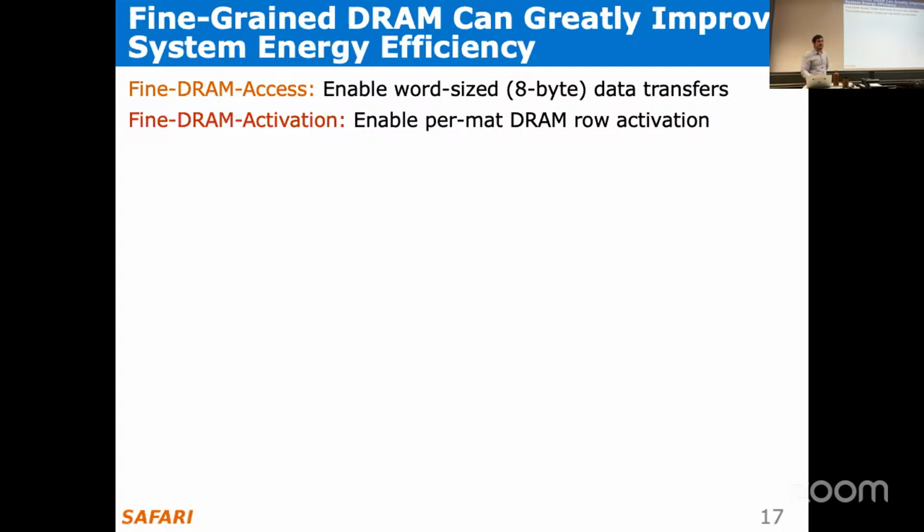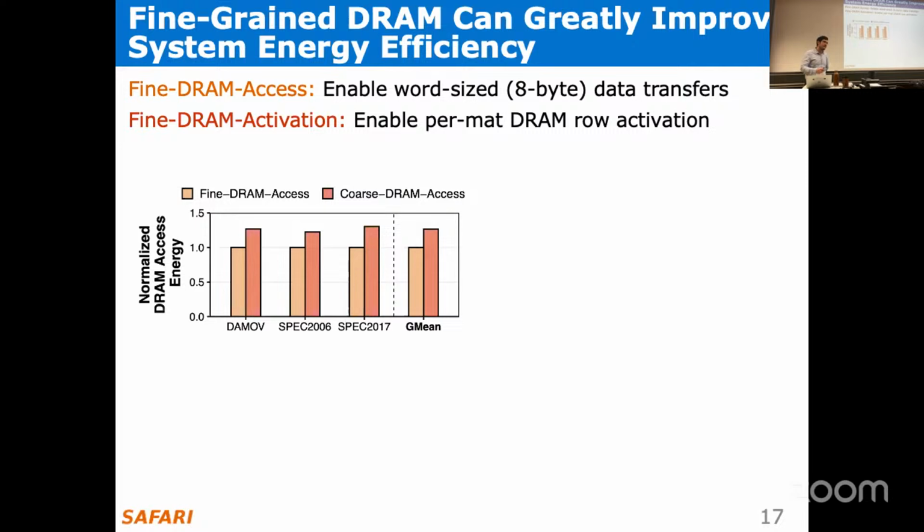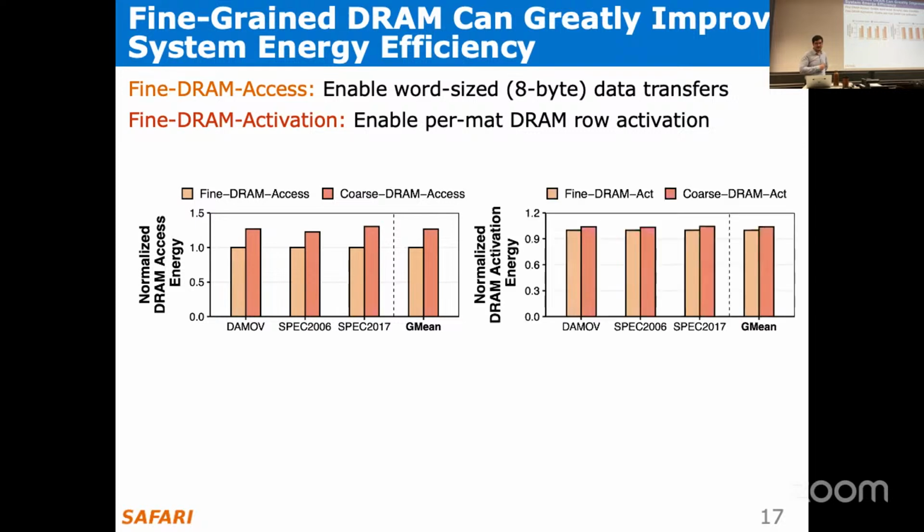We investigate the potential energy savings a hypothetical fine-grained DRAM design could provide using 41 single-core workloads, with the evaluation methodology we will describe later on in the slides. This is the performance and energy benefits of fine-grained DRAM access on the left, and fine-grained DRAM activation on the right.